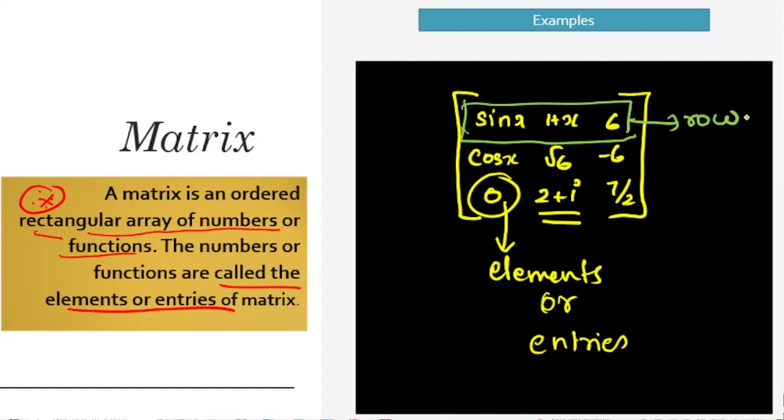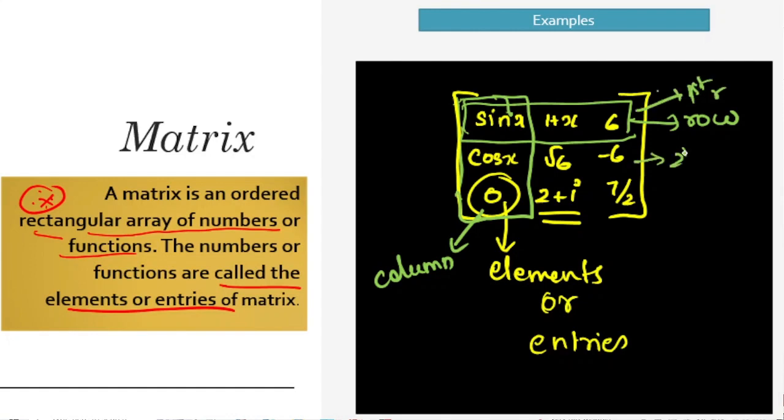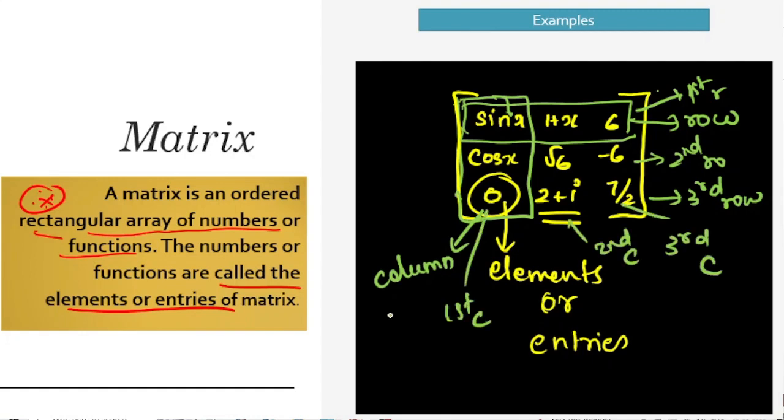Sin x, 1 plus x, 6, this is a row. And this vertical arrangement, sin x, cos x, 0, is called a column. So this is your first row, this is your second row, this is your third row, and this is your first column, this is your second column, and this is your third column. Clear? These are the main things you have to remember.